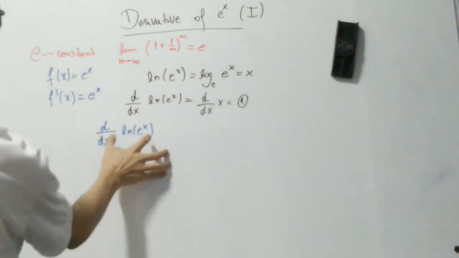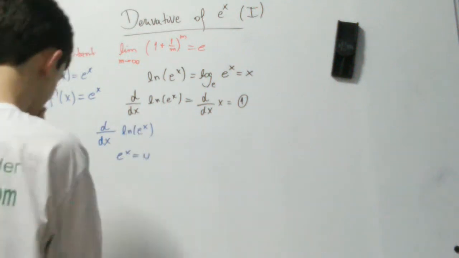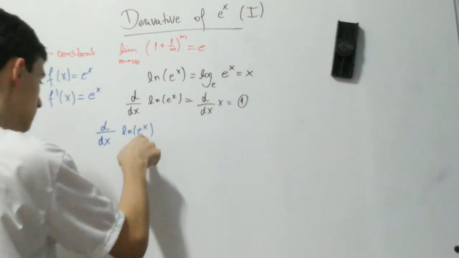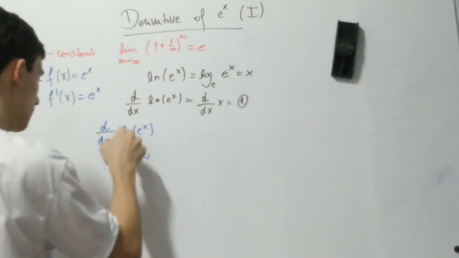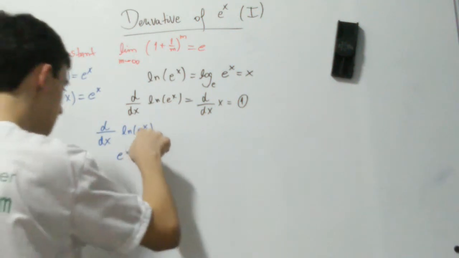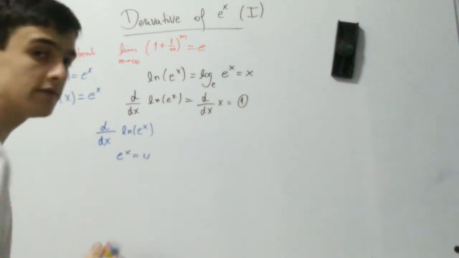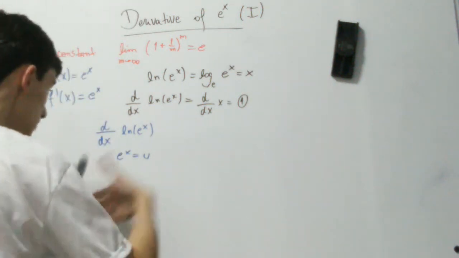So you can imagine this as a composition of two functions, because you have natural log of u, and u is a function with respect to x. So you have the natural log of a function, and this function is a function of x. So you can see here that you have a composition of two functions, so you can use the chain rule.